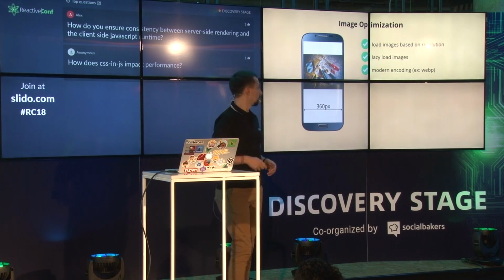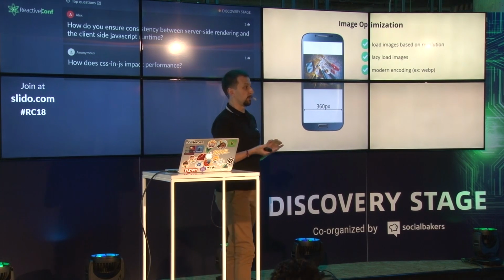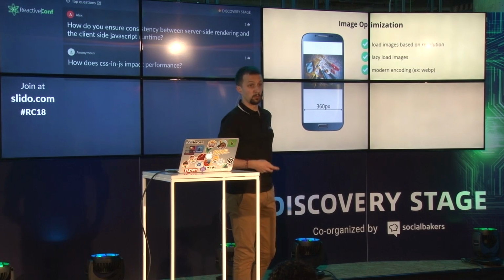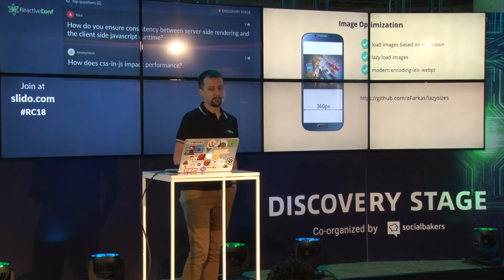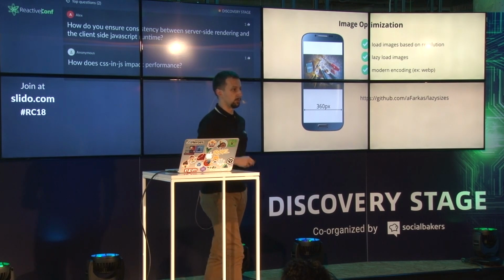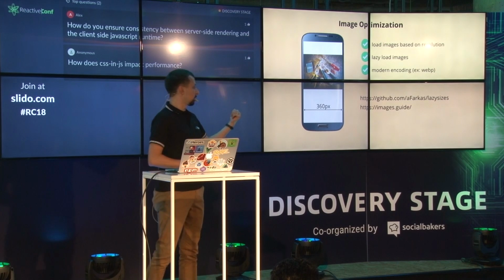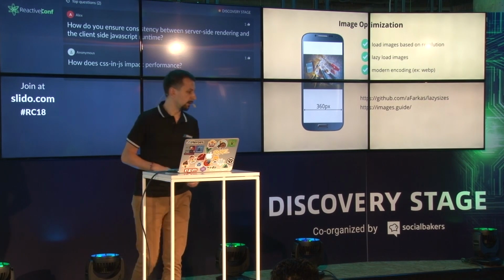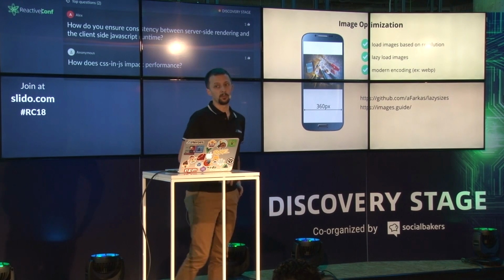And you can use something like the picture tag to actually load different formats of images, similar to how you use videos. Lazy Sizes is a great library for image optimization, which I highly recommend, and which should be the starting point. And also there's this ebook, Image Guides, again by Addy Osmani, where they go over a lot of these image optimization techniques.